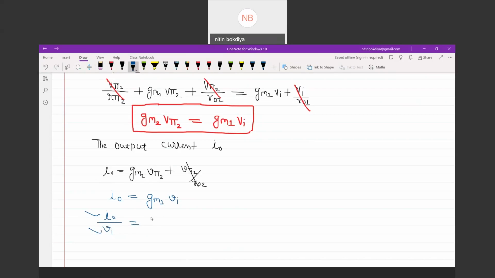So this is known as the overall transconductance GM. And what is the value of GM? The value of GM is equivalent to GM1. It depends only on the transconductance of the common emitter stage, so the overall transconductance depends only on that.